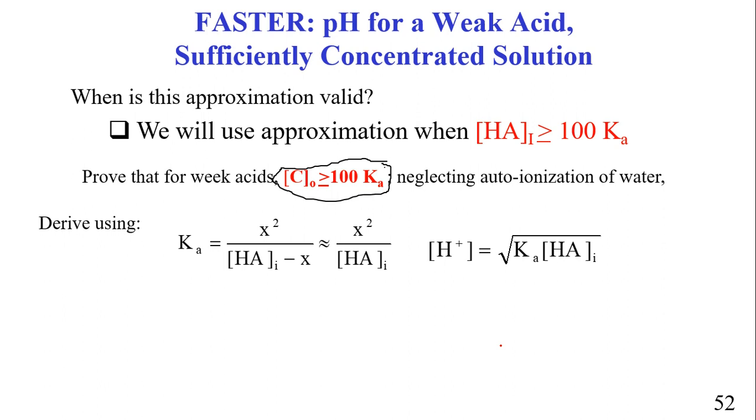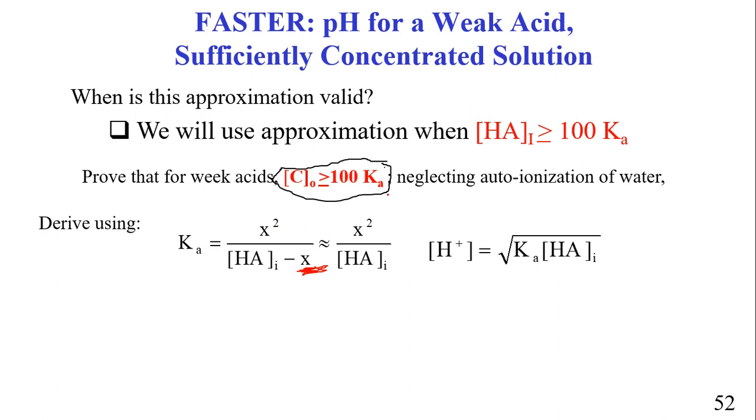And in some textbooks, you see that it's negligible if the X is less than 10% of this, which is something that we defined at the beginning. As I said, if a certain compound is negligible relative to another compound, it has to be 1/10 of it or 10 times less. So there are some textbooks that put it like that. There are other textbooks that say that it's less than 5%.